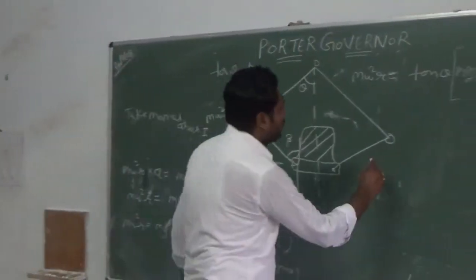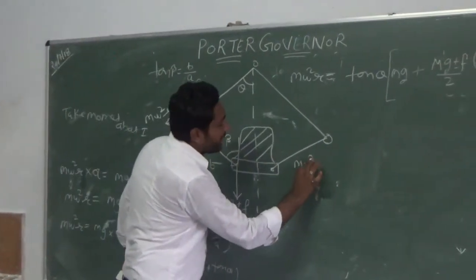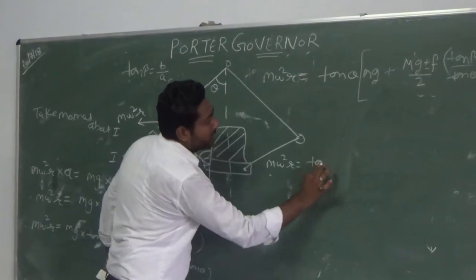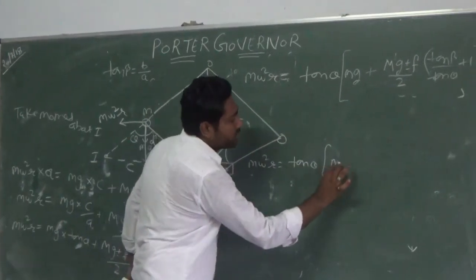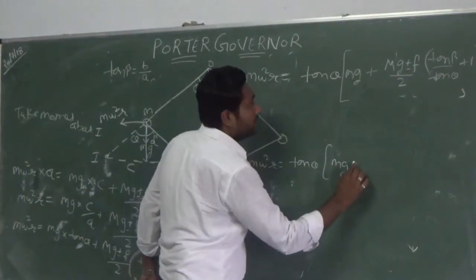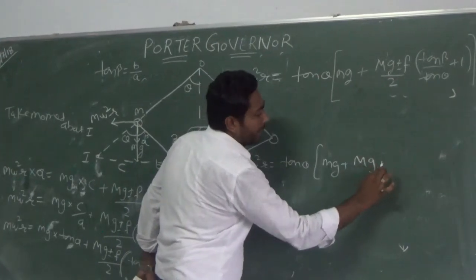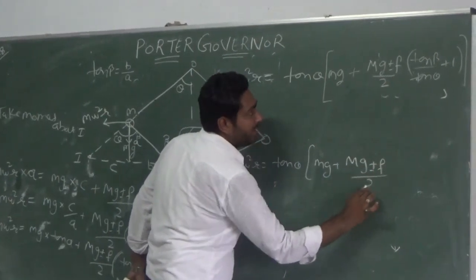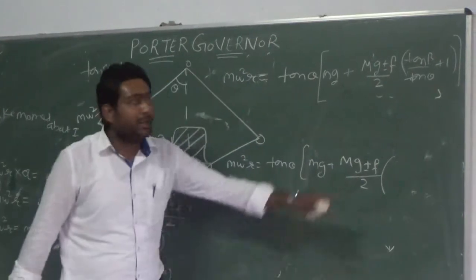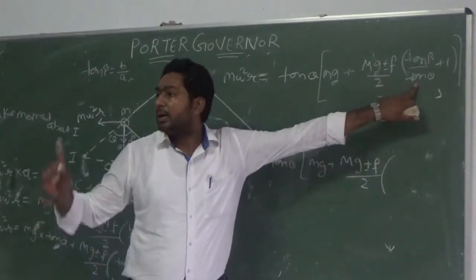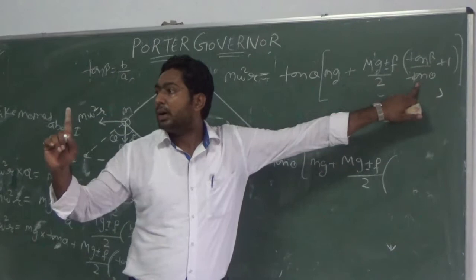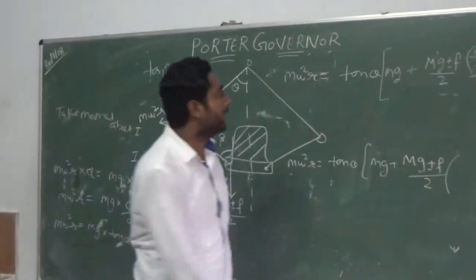Now m omega square r is equal to tan theta small mg plus capital MG plus minus f by 2, tan beta upon tan theta is equal to a term which is k.